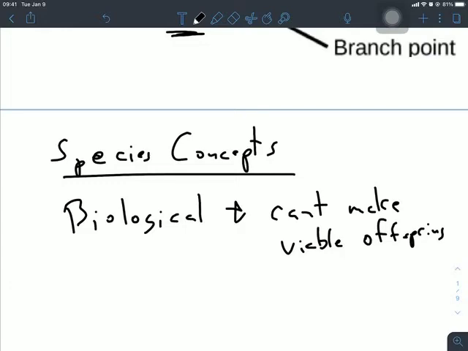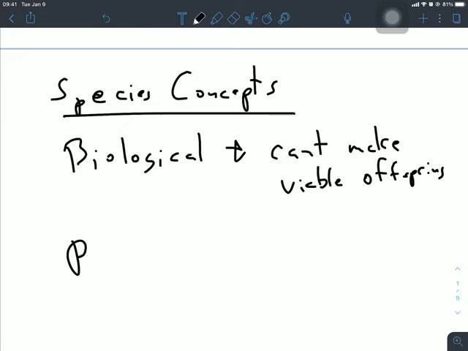Pretty straightforward, except for in plants that we can have two different species that will cross if forced, but may not do so in the wild. So our biological species concept can get muddled.